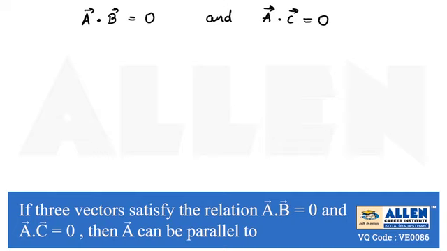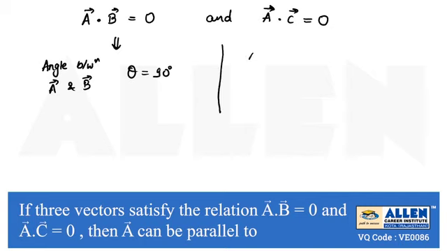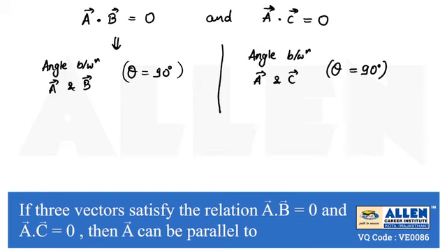If two vectors are giving dot product 0, that means these vectors are perpendicular to each other, means angle between a vector and b vector is 90 degrees. Similarly, in this case also angle between a vector and c vector is also 90 degrees, means a vector is perpendicular to b and a vector is also perpendicular to c.